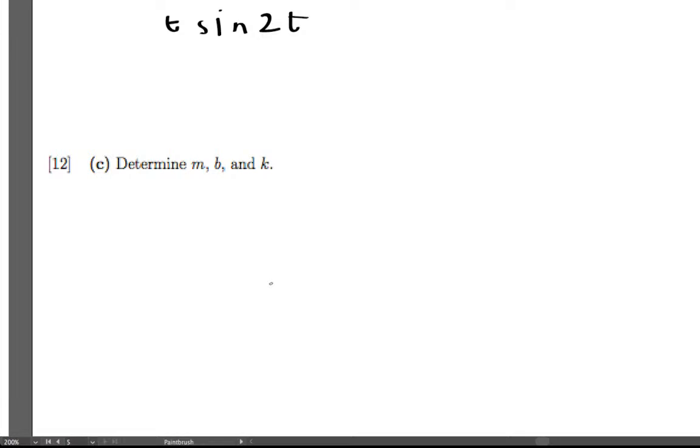Okay. And so when you sum the entire thing up, cosine 2t there will be 2m plus bt of cosine 2t, plus for the sine 2t we got minus 2mt plus b over 2 plus k over 2 t sine 2t.